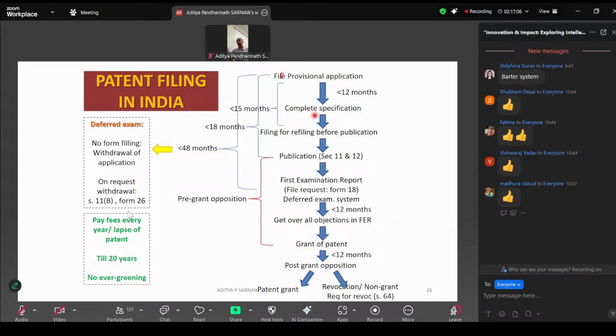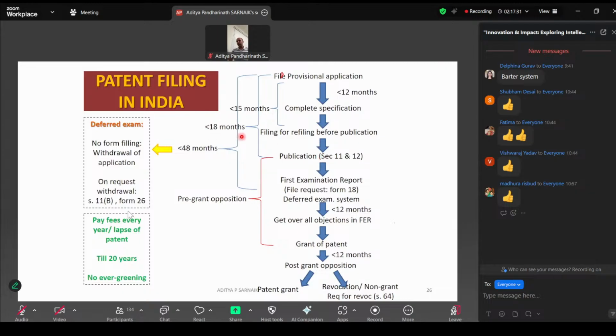Now this provisional patent and a complete patent are now published. They are now open to the public. Why are these publications made public? So that people can say whether this particular patent has already been patented in another country, or whether it is prior art or not. So this particular publication is international, under sections 11 and 12.